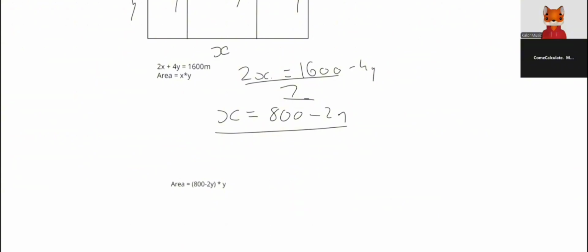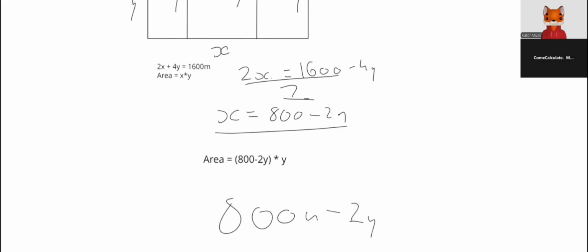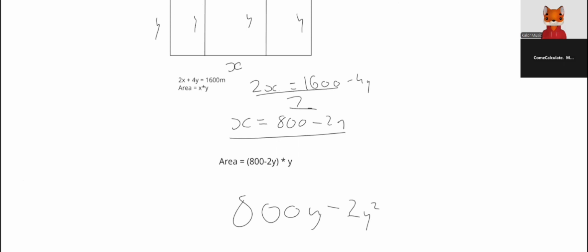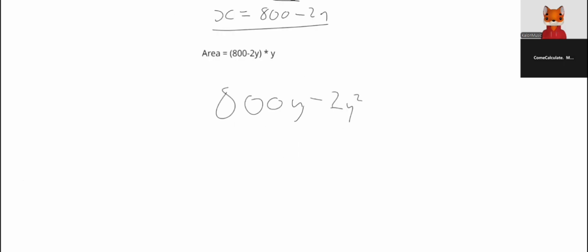Now we are going to simplify this to 800y minus 2y squared. Now we're going to take the derivative. So this derivative is going to be 800 minus 4y. Then we'll set this to 0.